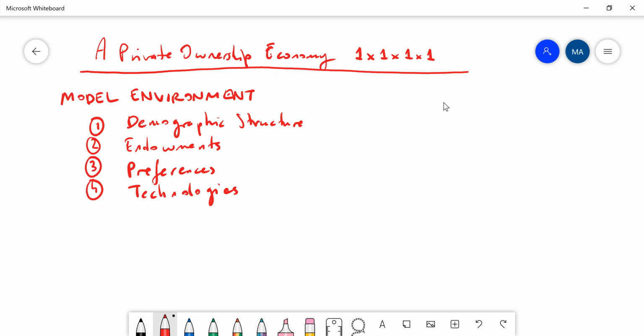So for this reason, after the model environment, you discuss market and ownership structures.